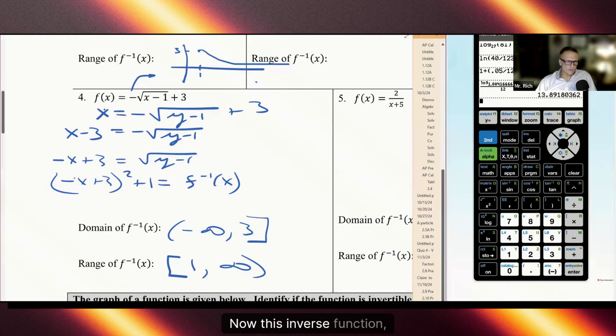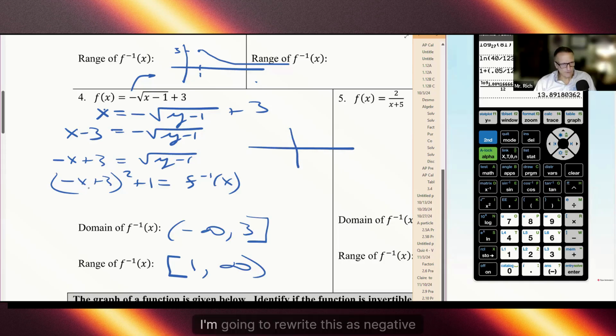Now, let's see if this makes any sense at all. This inverse function is a parabola. I'm going to rewrite it as negative x minus 3, the whole thing squared.